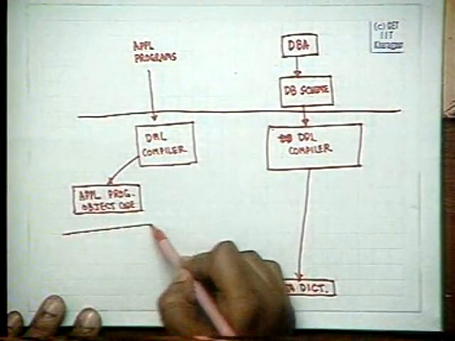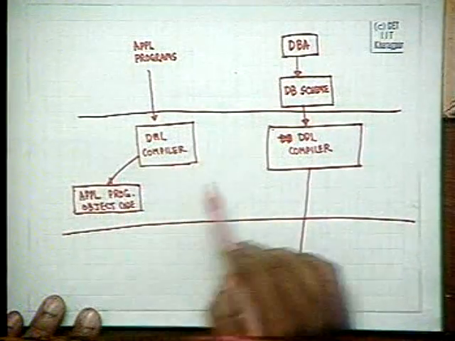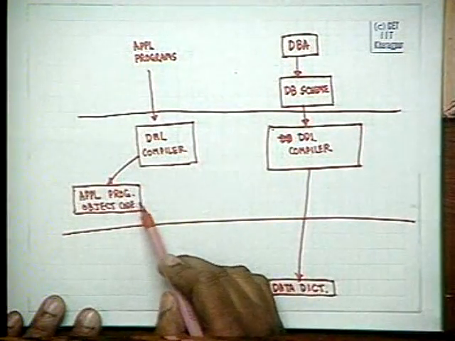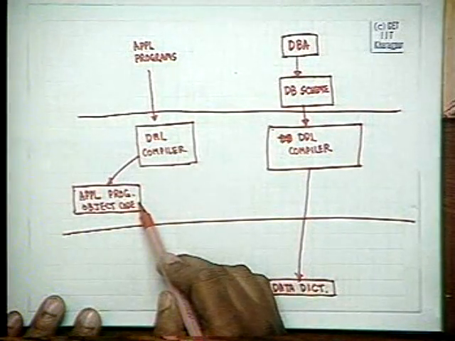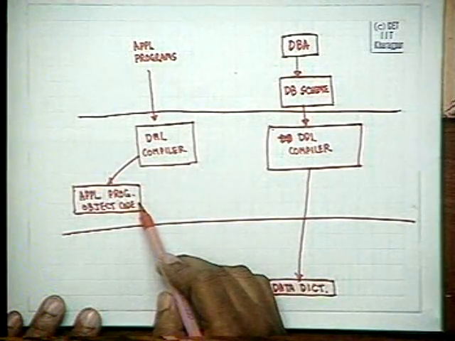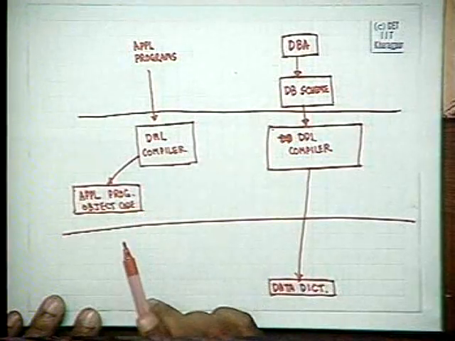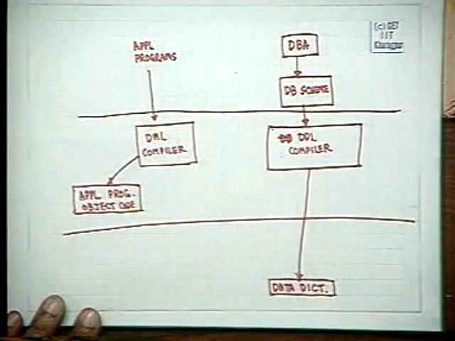Now, this object code will have to interact with the file system. This interaction with the file system is not done directly.